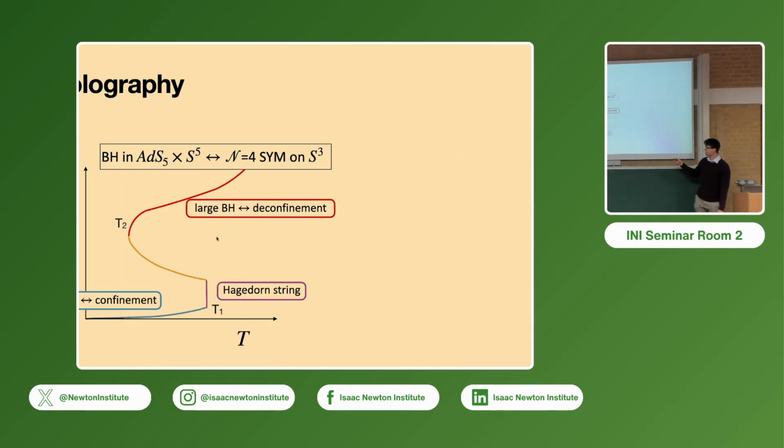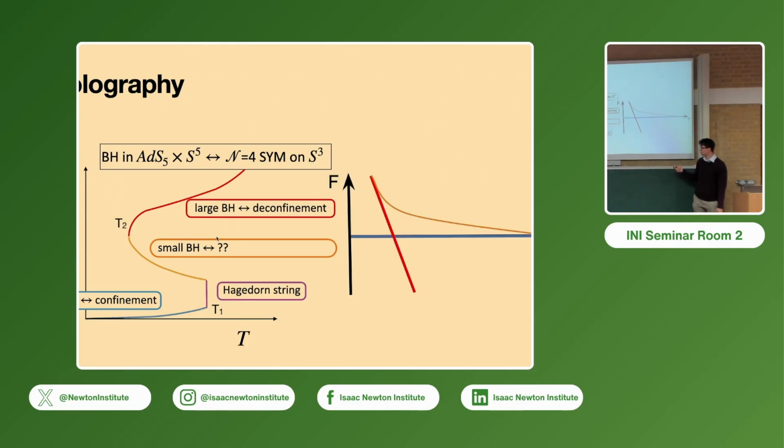At higher energies, we have the large black hole phase, which is known to be dual to the deconfined phase. Connecting these in the gravity is a small black hole. We define the small black hole by its negative specific heat, but its field theory dual is not well understood.